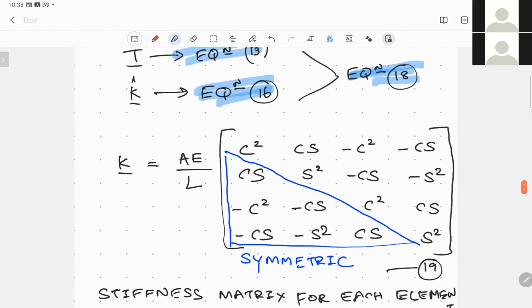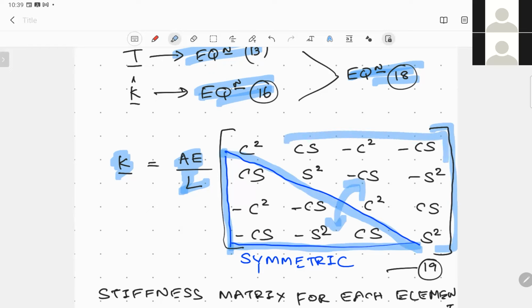So once you do the math, for an element the stiffness matrix in the global coordinate system is nothing but AE over L, material properties and also geometric properties, times a symmetric matrix. You can see this is the same matrix, so we call it a symmetric matrix, symmetric around the diagonal, of course, and it is expressed in terms of cosines and sines.